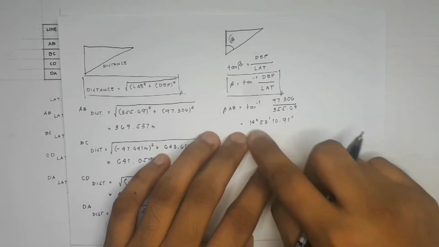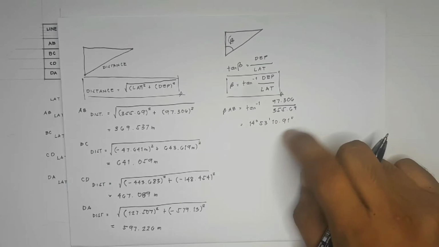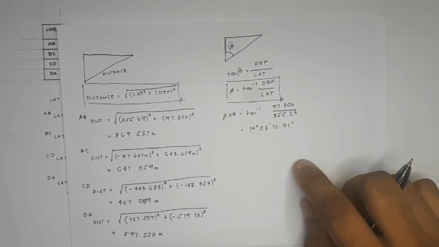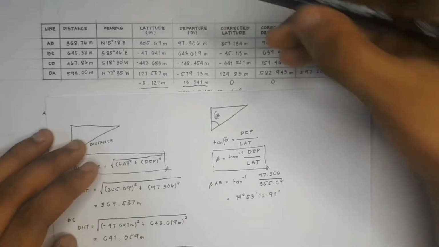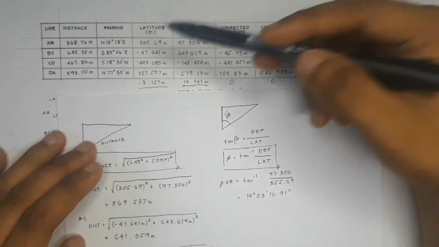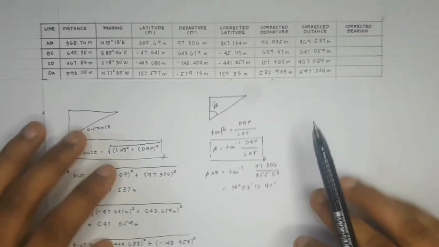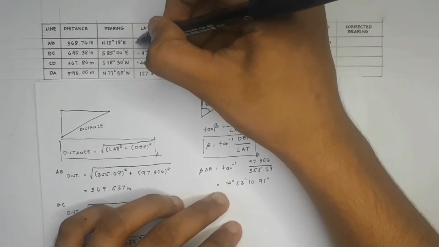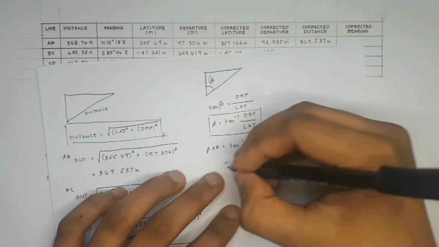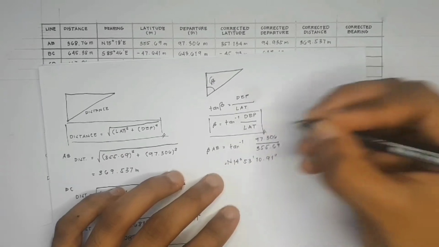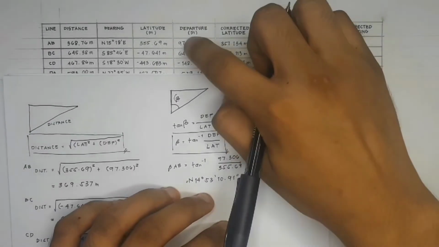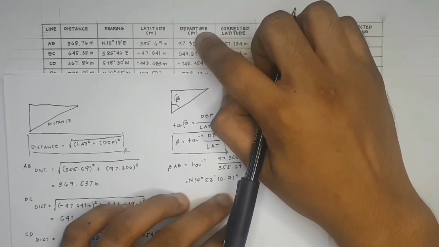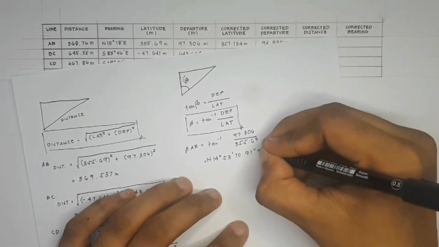As for the direction of this bearing, we can just look at the sign of our latitude and departure. Since our latitude here is positive, this is north. And our departure here is positive too, so this will be east.